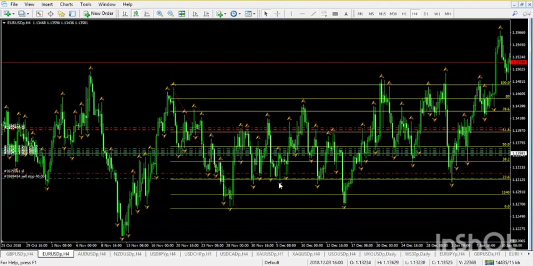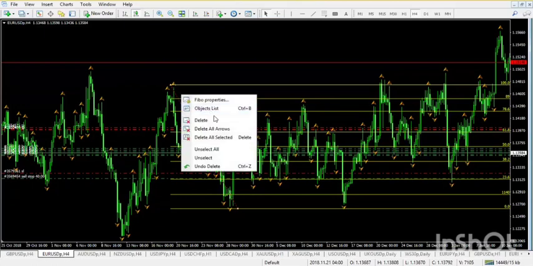Can you see them here? 78, and this is my V shape, and this is the swing high of the V shape. If this is my general V shape, this is my reverse V shape here.